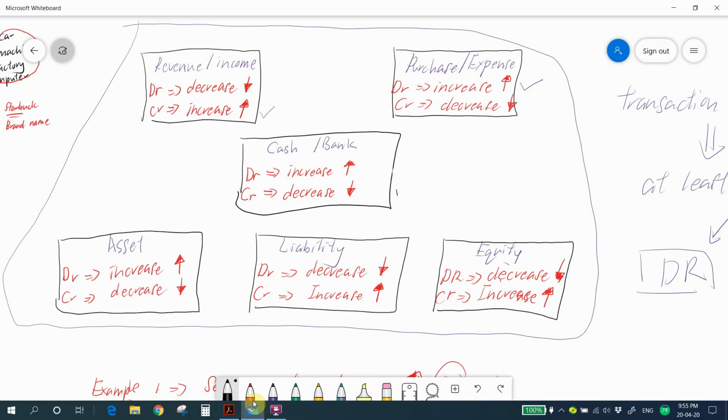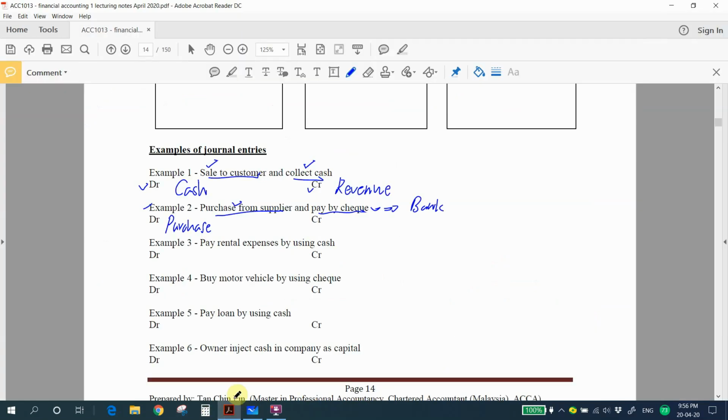The answer is decrease. Your bank balances will become lesser after you make the payment to your supplier. So on the credit side, we have to record bank. So this is a complete journal entry, one debit and one credit.